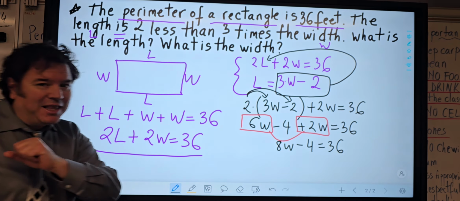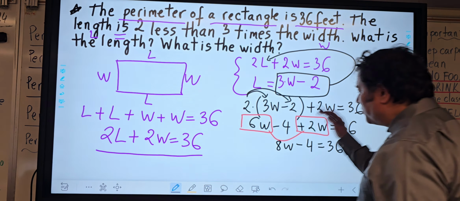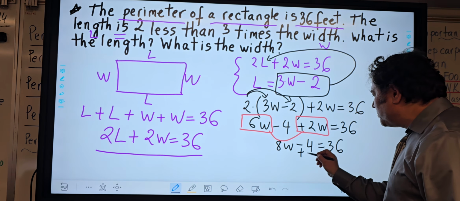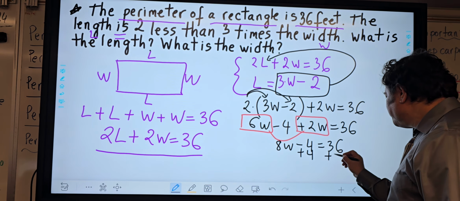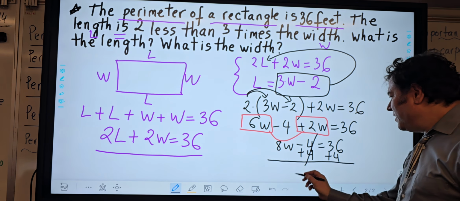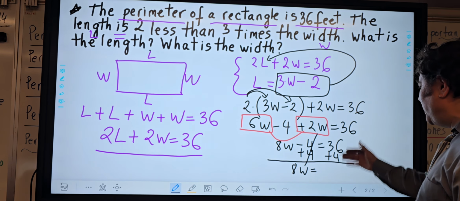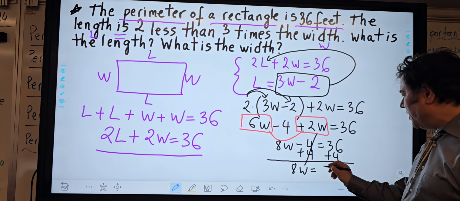And now we have to add 4 on both sides. We need to bring 4 on the other side. 4 goes home on the other side. So we add 4 on both sides. 4 and 4 cancel out. And we are left over with 8W equals 36 plus 4 becomes 40.